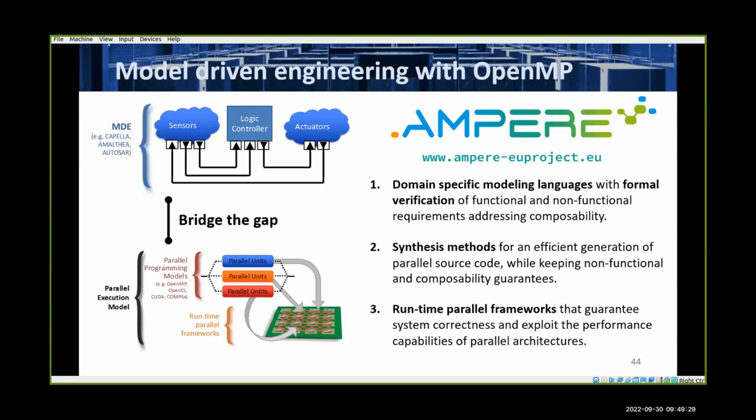So what we are doing is to map. In this case, we are using Amalthea because Amalthea is an AUTOSAR-compatible model, but it's open source. We are mapping Amalthea models into OpenMP systems. By doing this, we saw that OpenMP perfectly fits in the real-time domain because of how tasks are handled.